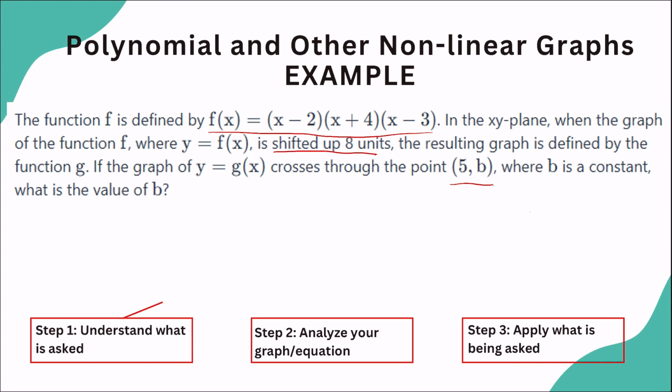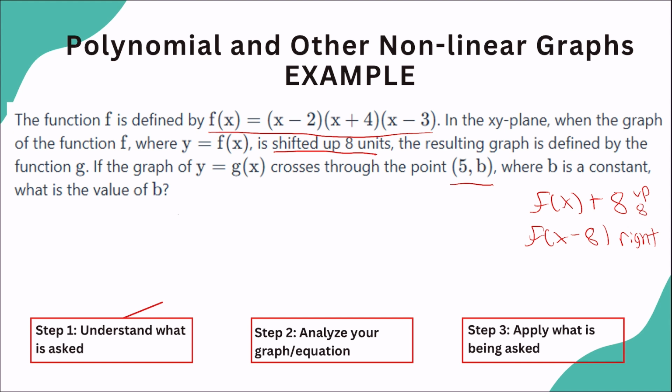So what I'm going to do first is shift our equation up 8 units, and if we remember from our translations, when you do f of x plus 8, that shifts a graph up 8. And when you do f of x minus 8, that shifts it right 8, and vice versa for these. So for this top one, if it would have been minus 8, we would have shifted down 8.